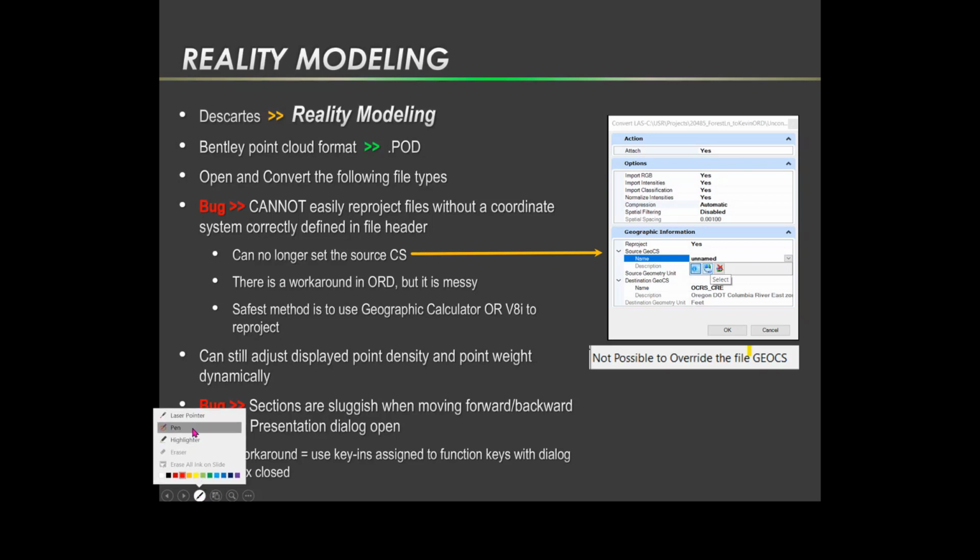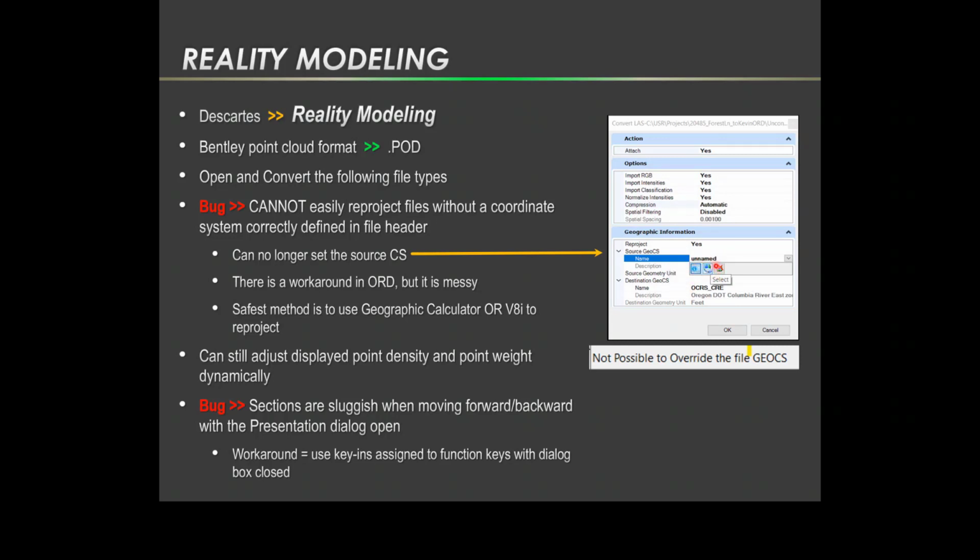So if your statewide LAS file was in OCRS Portland, I'll use that as an example. It was collected in OCRS Portland, processed in OCRS Portland. Whenever you converted that LAS to a POD, you could go to a different coordinate system right then and there when you converted it. You could go from OCRS PDX to OCRS Gresham Warm Springs, which is something we did quite often. With ORD, that is no longer possible.